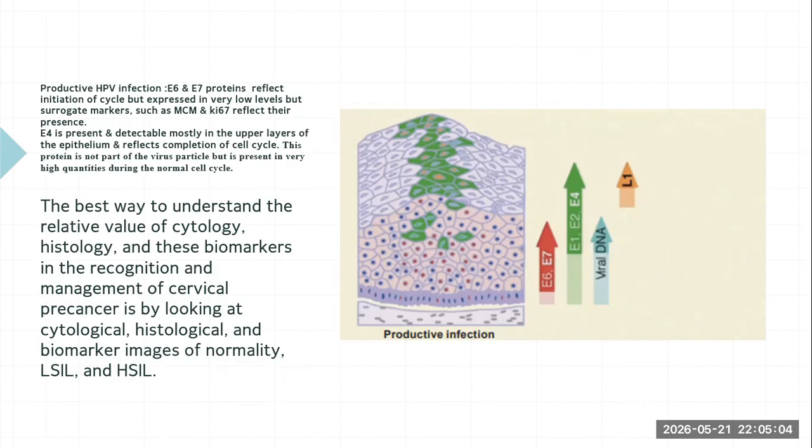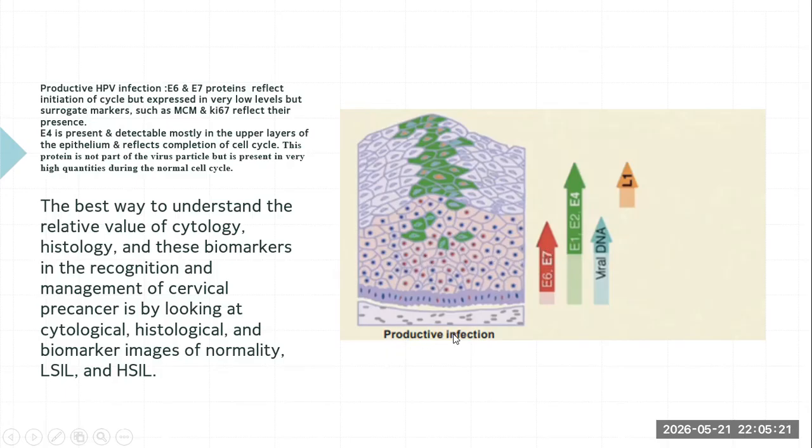They have to look at the cytology, the histology, and the biomarker images of normality, LSIL, and HSIL. So this is a productive infection. This is the E6 and E7, which you can see as the brown staining.